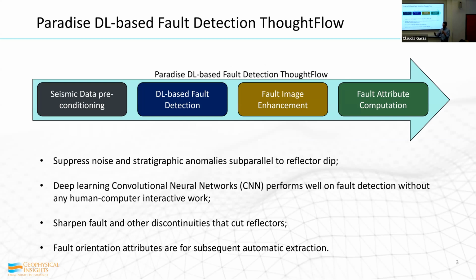Once you get your 3D seismic data, you just need to input it into the Paradise software and run this workflow, and it will automatically output 3 volumes at the end of the last step. The first volume is what we call the fault probability, which represents where the faults are located in your 3D seismic data. The other 2 attributes, which are very useful for your structural modeling, are fault dip magnitude and fault dip azimuth.